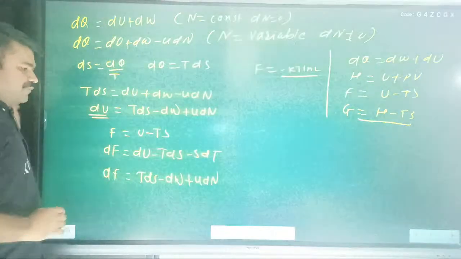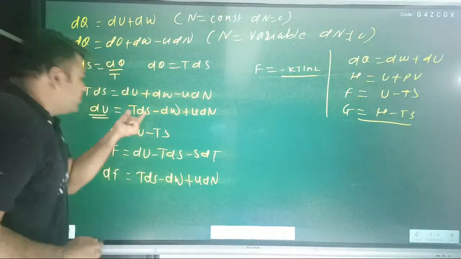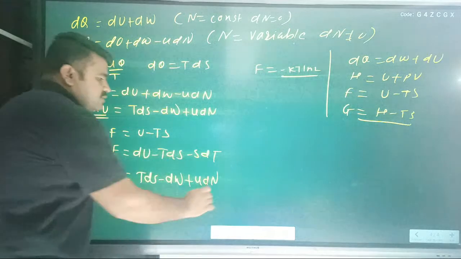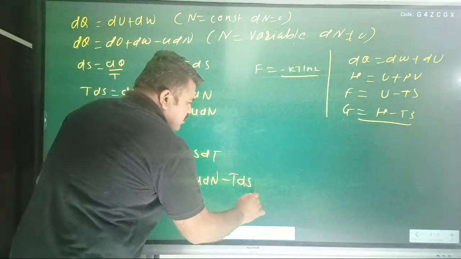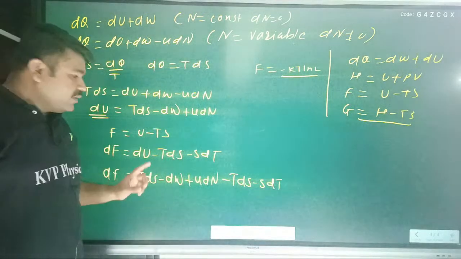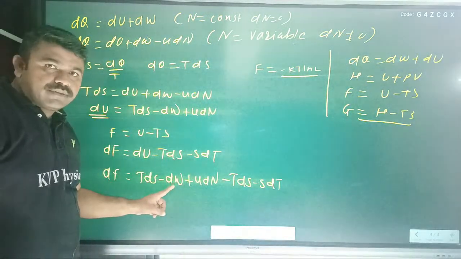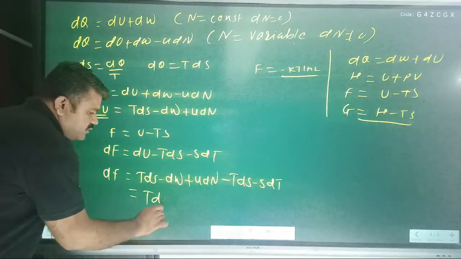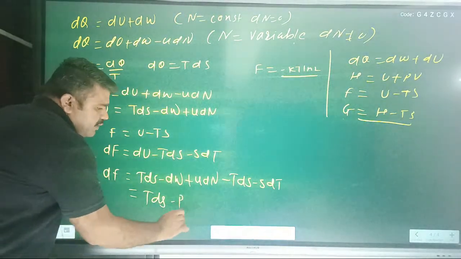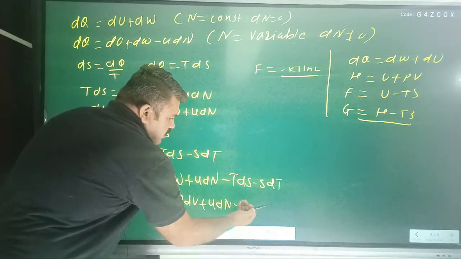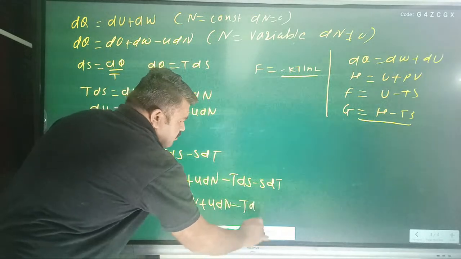And the second part is minus TdS minus SdT. We know that dW is nothing but PdV, so dF is equal to TdS minus PdV plus mu dN minus TdS minus SdT.